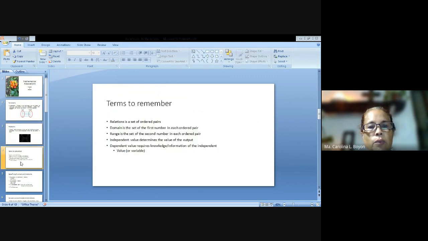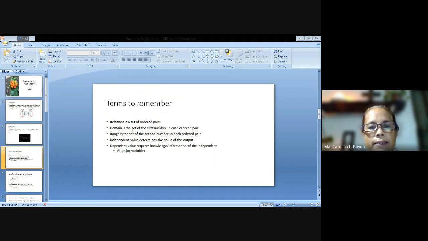So when we need to understand the differentiation between functions and relations, there are some terms that we need to be familiar with. Okay, so relations would be a set of ordered pairs where the first element corresponds to being in set 1 or set A or input set, and then the second element in the ordered pair belongs to set B or the second set or the output set.